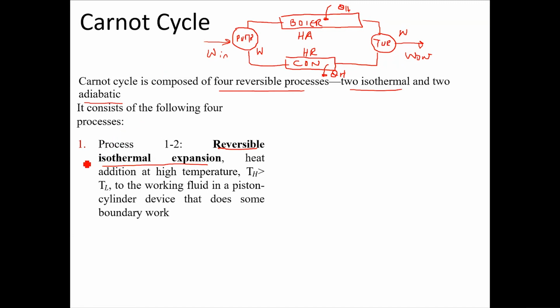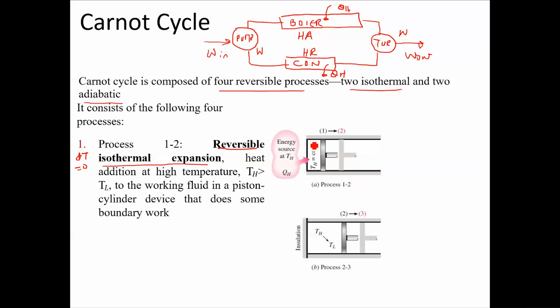Since there is no temperature difference, dT is 0, you can call it a reversible process, although the expansion is taking place. Let's say again you have some gas or some fluid within the piston at the temperature TH, and the piston cylinder assembly is insulated from these 2 sides.